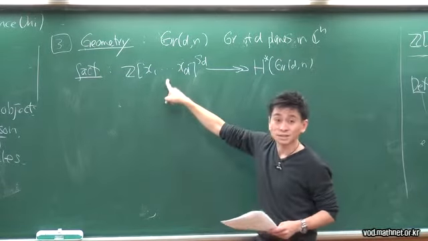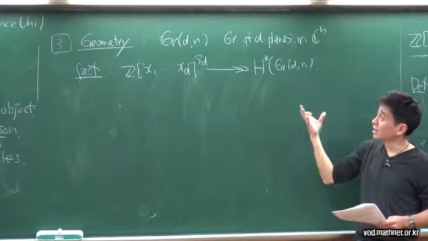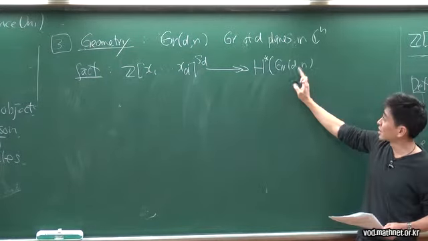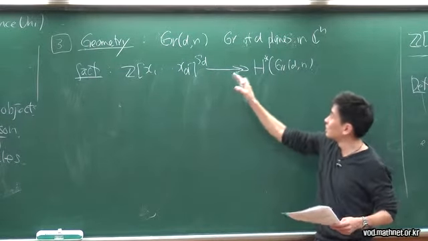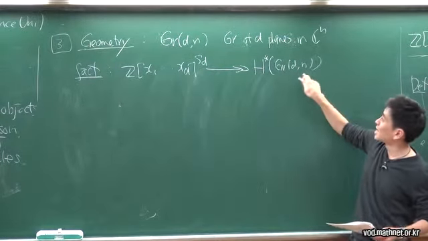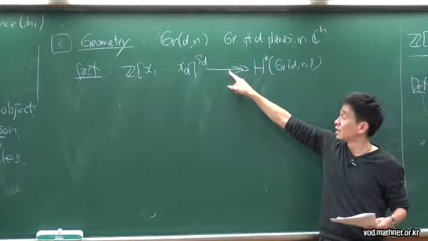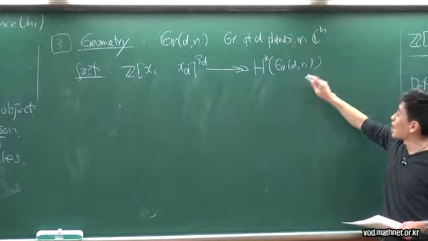Here you haven't fixed n, but if you want to talk about the actual space, you have to fix n. So on this side you are fixing n, and on that side you're not. But if you fix any n, there is always a natural surjection.